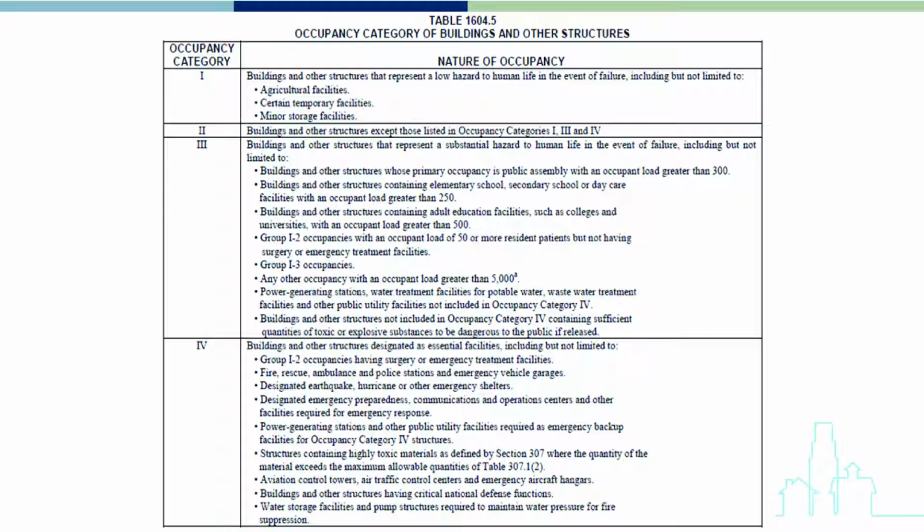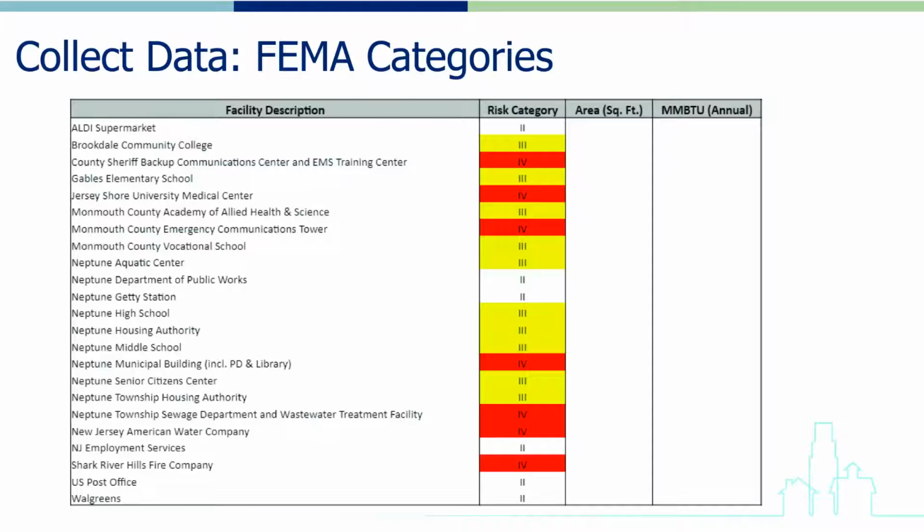As each facility is being classified according to the FEMA categories, it should be noted in the master spreadsheet. This slide shows the master spreadsheet for Neptune, with the FEMA categories assigned to the 23 potential sites that were identified in the preliminary site identification phase.